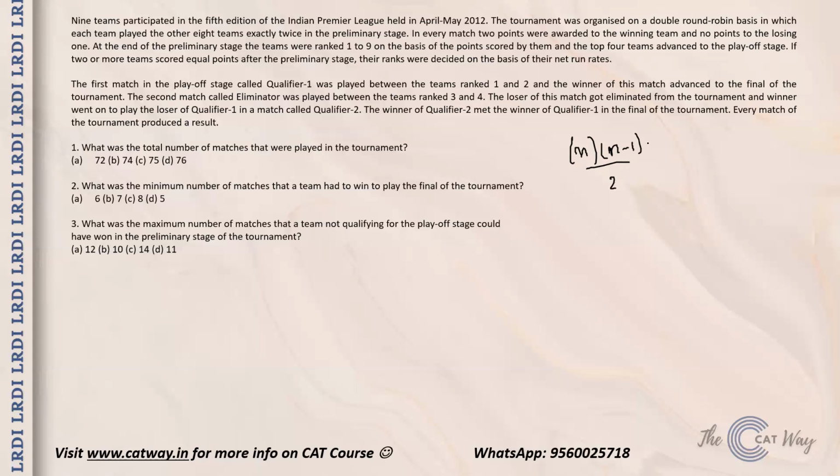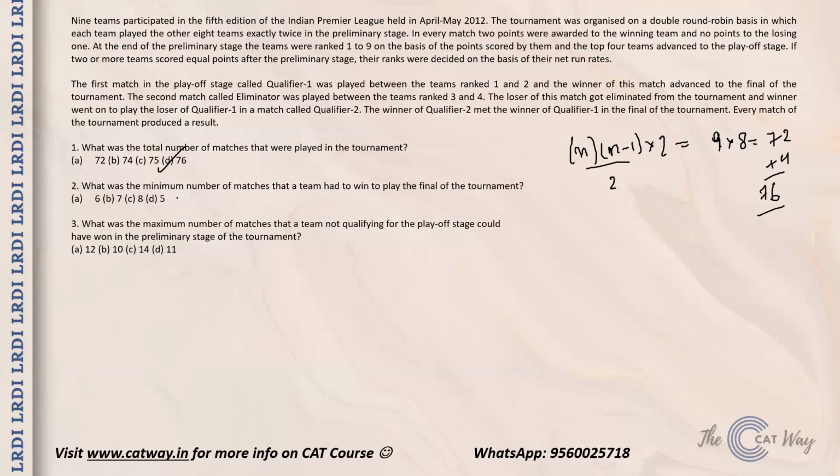But since every team is playing twice, this is what is going to happen. Now 9 teams are there, so 9 into 8, 72 games in the preliminary round. Then Qualifier 1, Eliminator, Qualifier 2, and the final. So 4 more games. So in total we have 76 games. The correct answer is option D.